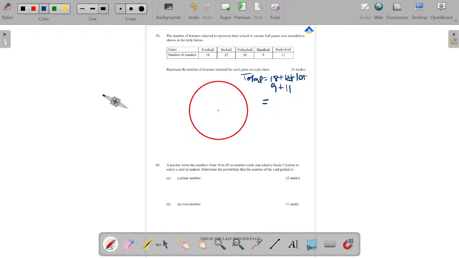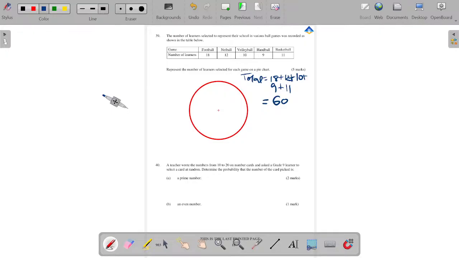In my calculator, when I take 18 plus 12 plus 10 plus 9 plus 11, I'm getting the total 60. The total number.